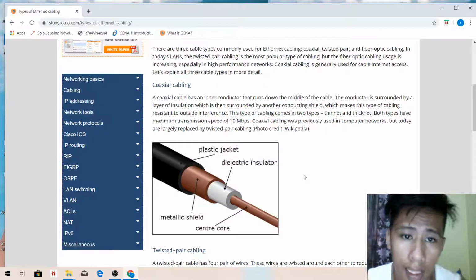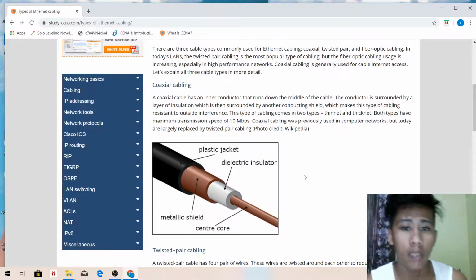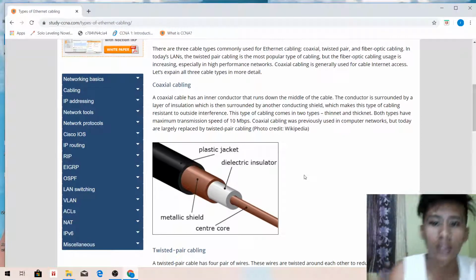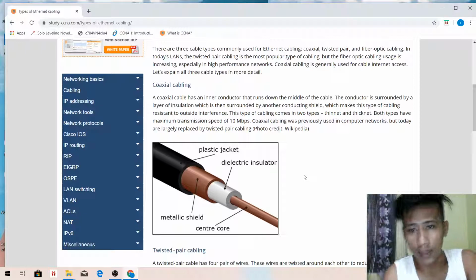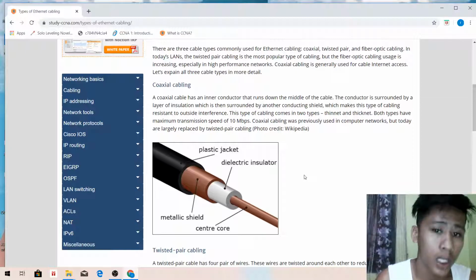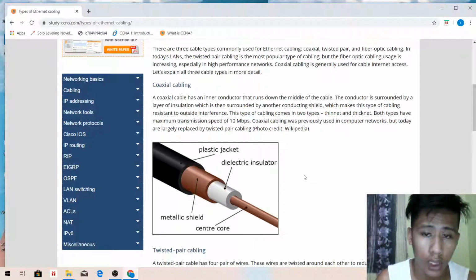In today's LANs, twisted pair cabling is the most popular type of cabling, but fiber optic cabling usage is increasing, especially in high-performance networks. Coaxial cable is generally used for cable internet access. Let's explain all three cable types in more detail.